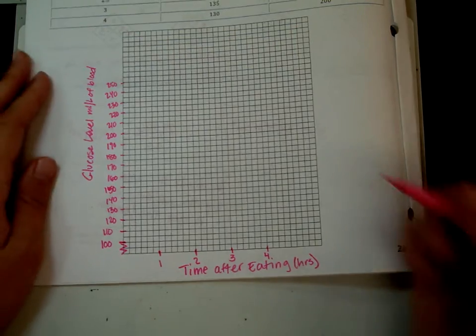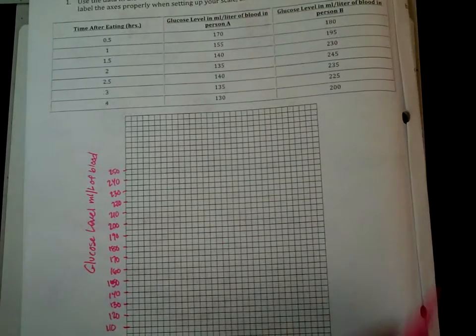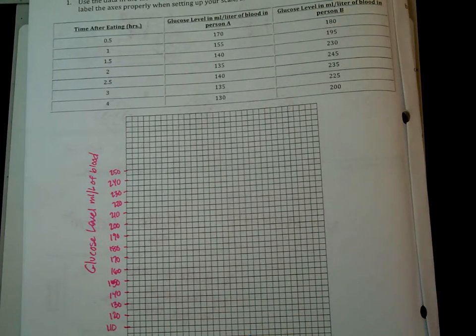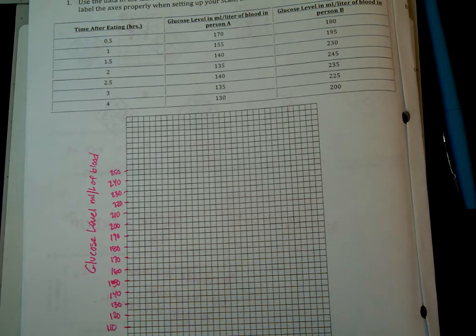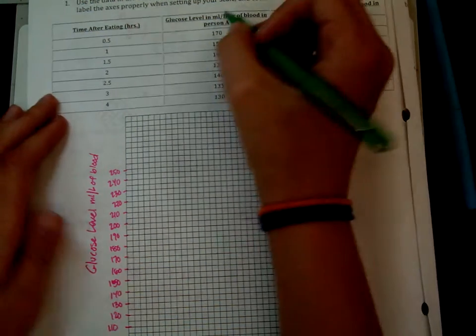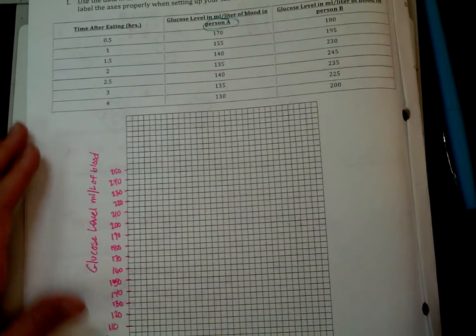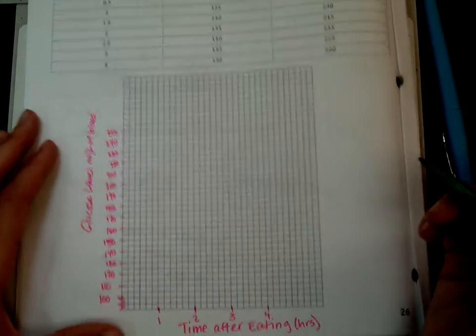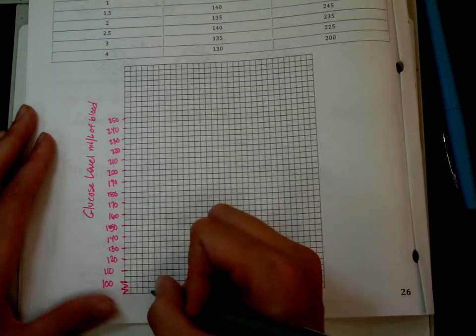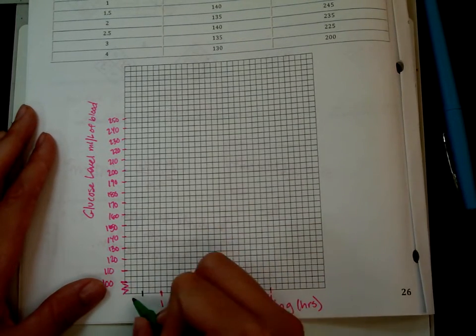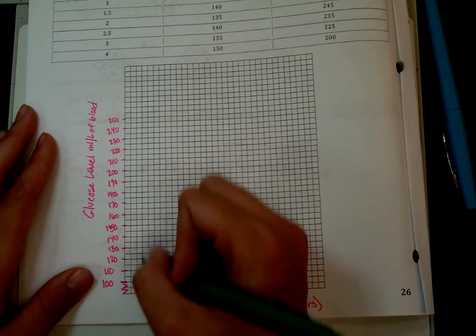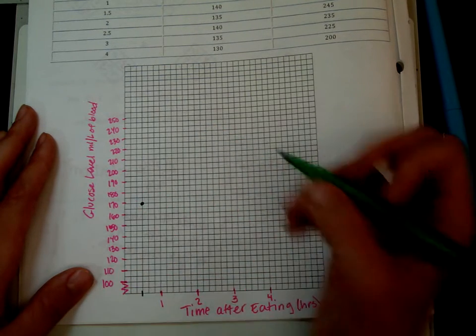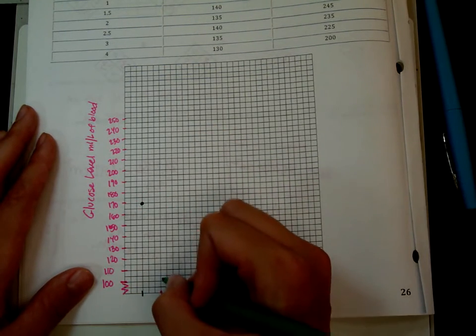So let's see, our person A, let's get 2 different colors. So I've got green and blue, and let's do person A in green. So person A at 0.5 hours, they had a blood sugar of 170. So 0.5 would be halfway, right here. At 1 hour, it's 155.